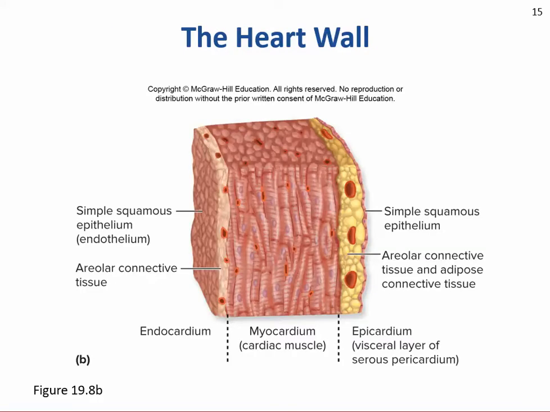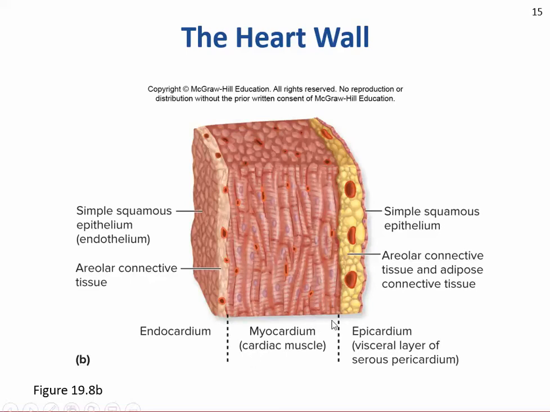So this is a cross-section: the myocardium, cardiac muscle, with lots of blood vessels because it is very metabolically active. The epicardium is the simple squamous epithelium with some areolar connective tissue. The endocardium, simple squamous with some areolar connective tissue.